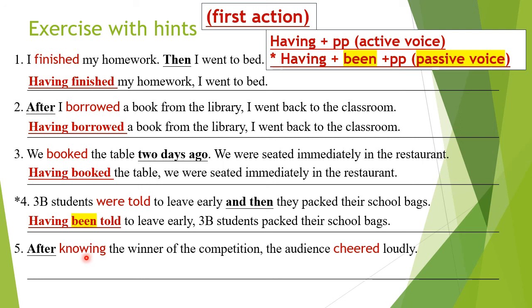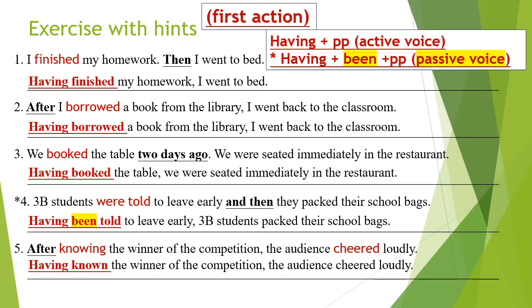That means we know the winner, so we know the doer. So we use active voice. Having know, the PP of know is known. So having known the winner of the competition, comma, the audience cheered loudly. Well done, nice try.